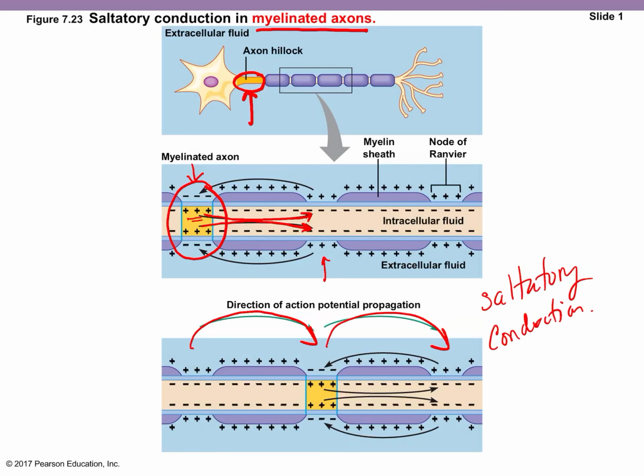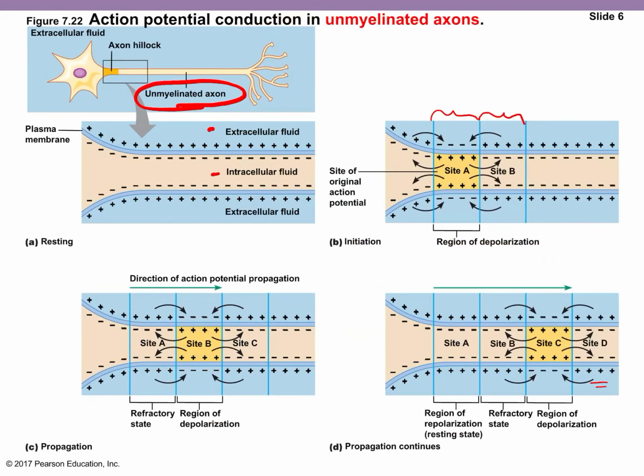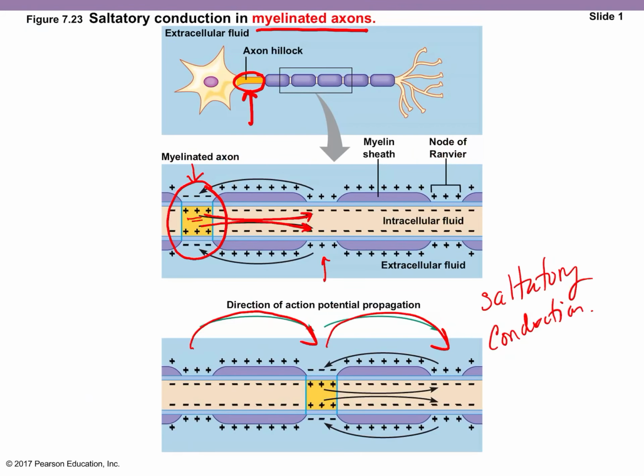Saltar means to jump in Spanish. So this is a jumping kind of conduction system, and it's much, much faster than the unmyelinated axon, where every single piece of that membrane needs to depolarize. Here we can skip chunks and just depolarize at the nodes of Ranvier.